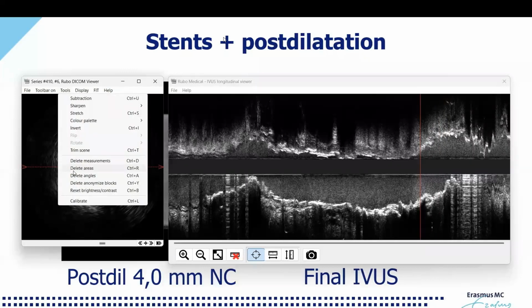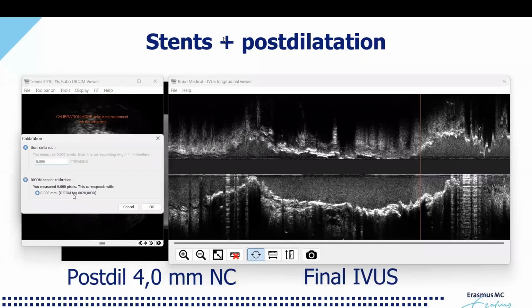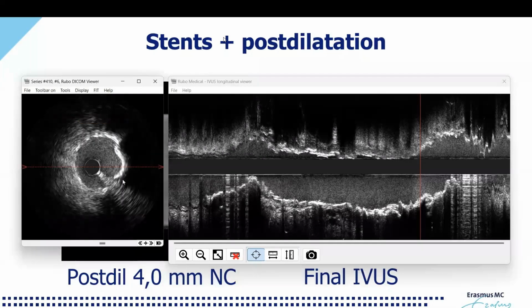Let's do that. 9.1, yeah, 9.1 square millimeter. Yeah, so I think this is a great improvement.